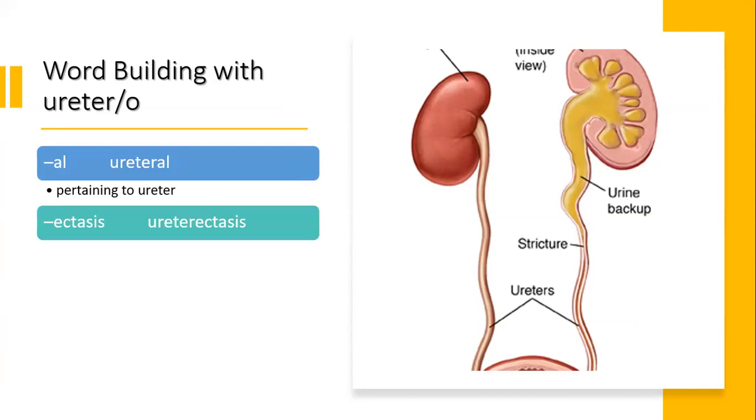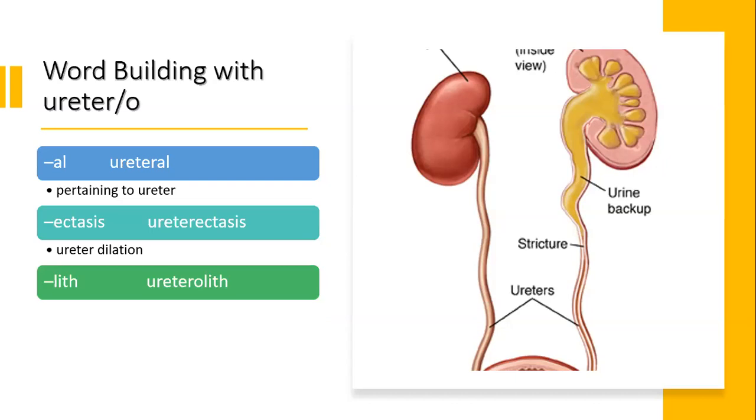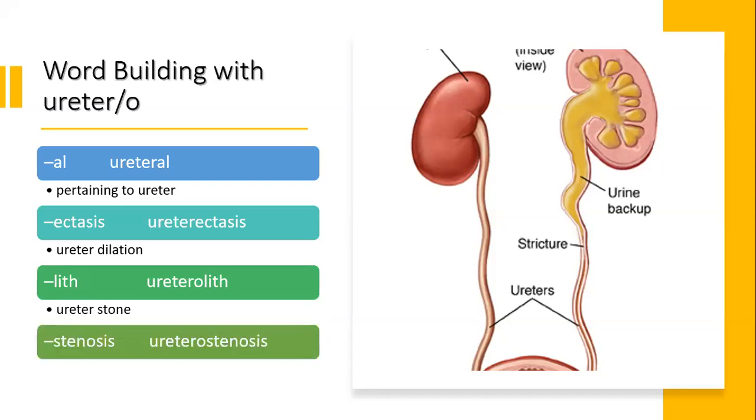Ectasis, it means ureter dilatation, and the urine stays for a long time in the pelvis or in the ureter. Lith, urolith, it's ureter stone. Stenosis, ureteral stenosis is narrowing of the ureter.